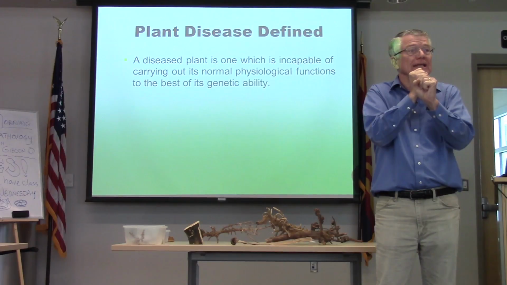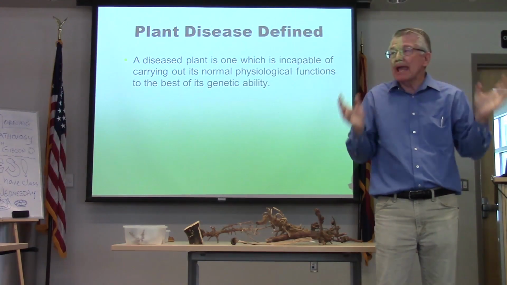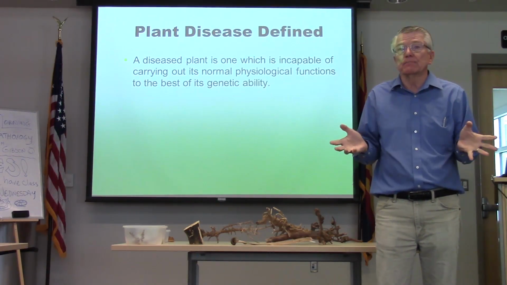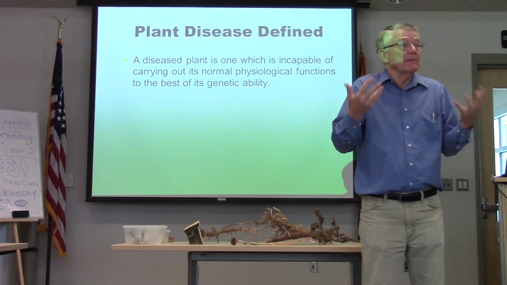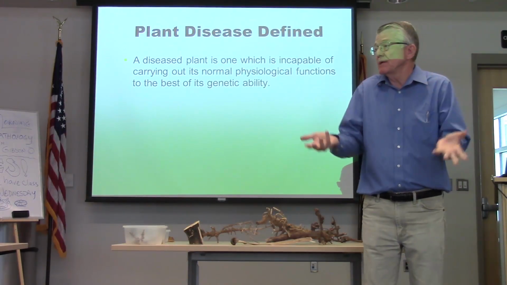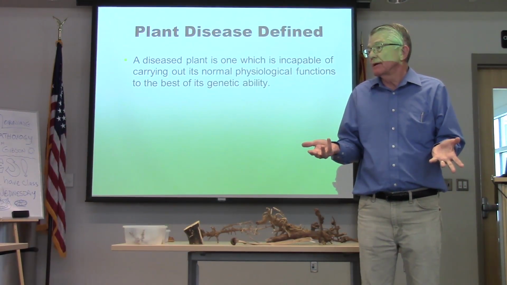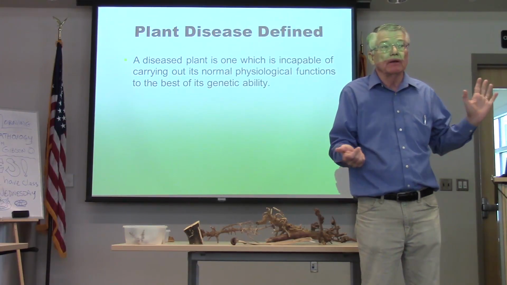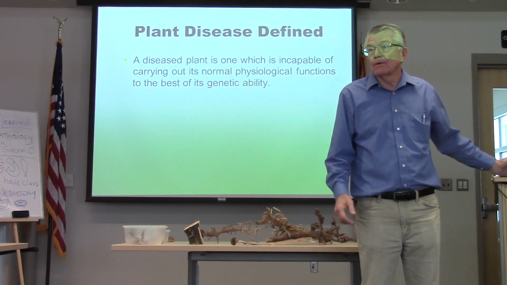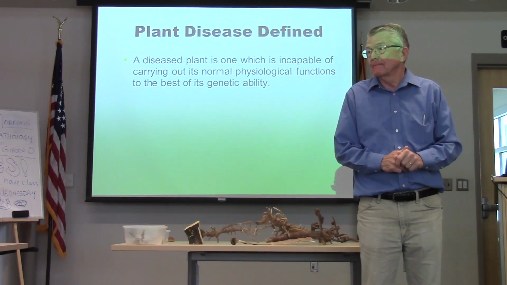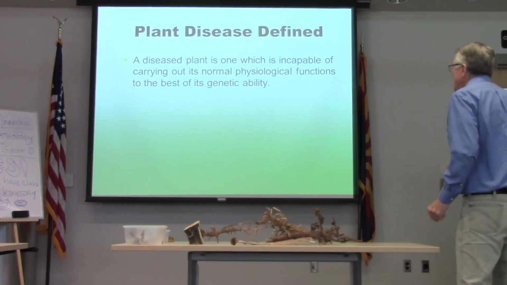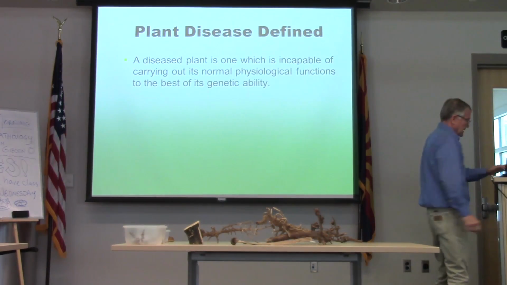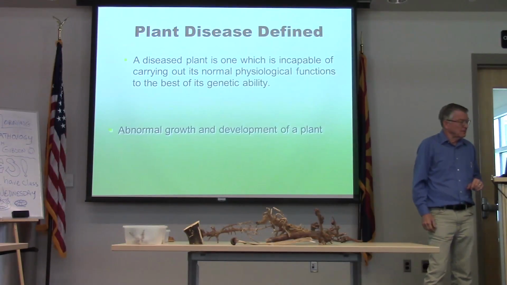We must not eliminate out of hand any factor, because what we think might be an insect or what might be a disease, in reality could be something behind us that we're not looking at. Genetic ability and a plant's capacity to accomplish that.